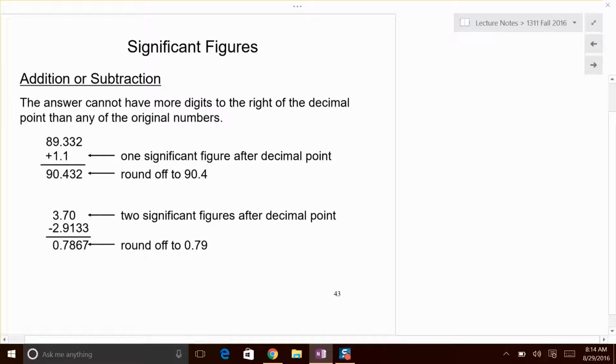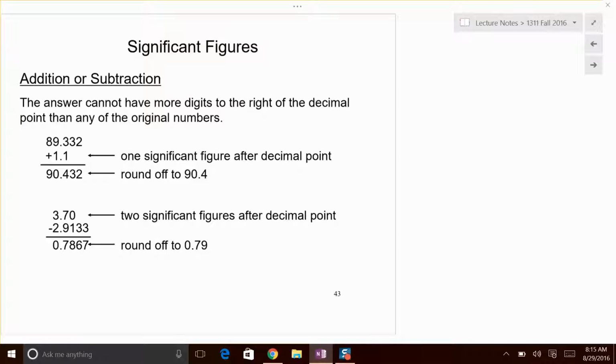Now, there are rules we need to follow when we are adding or subtracting significant digits. Addition or subtraction of significant digits occurs when we take the numbers and line them up by their decimal place.